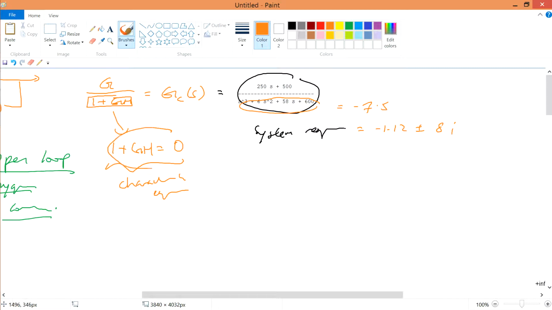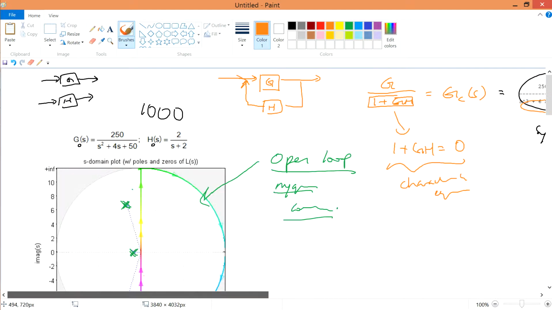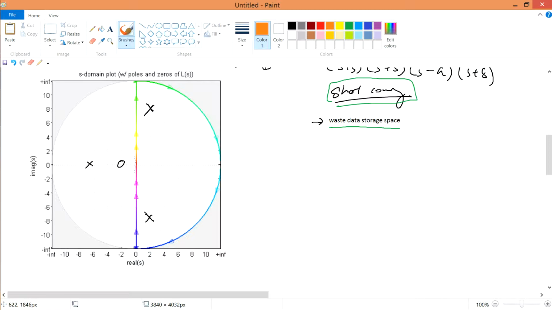So solving this characteristic equation for our example, I'll have 3 poles. One at minus 7.5, and 2 conjugate poles at 1.12 plus minus 8i. As you can see, if you still remember our contour, the minus 7.5 pole is over here, and the 2 conjugate poles of 1.12 plus minus 8 point something i are over here. It's just these two poles.